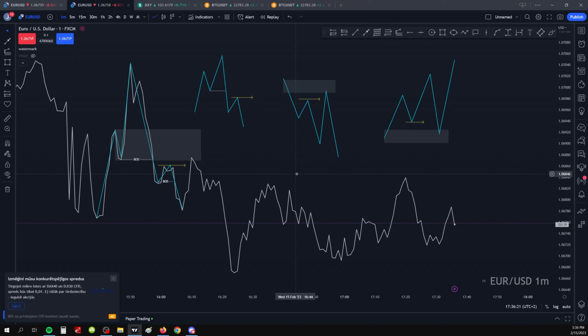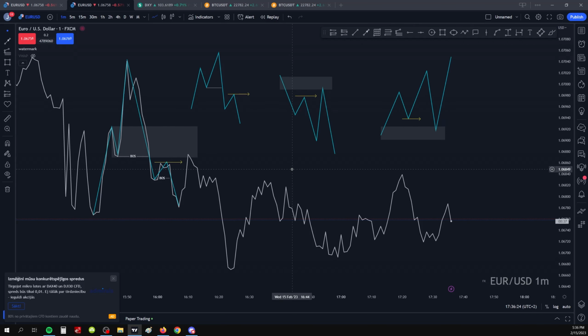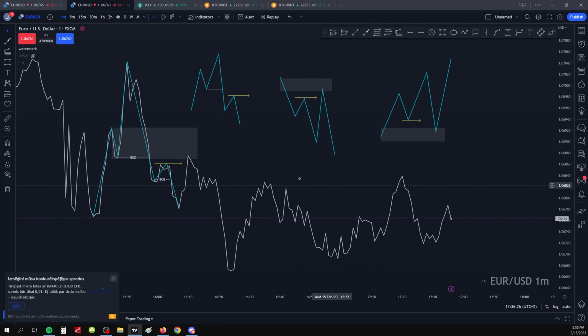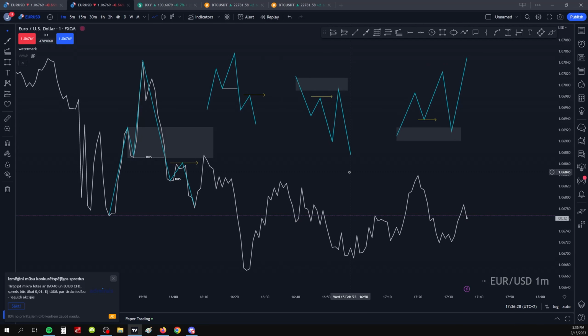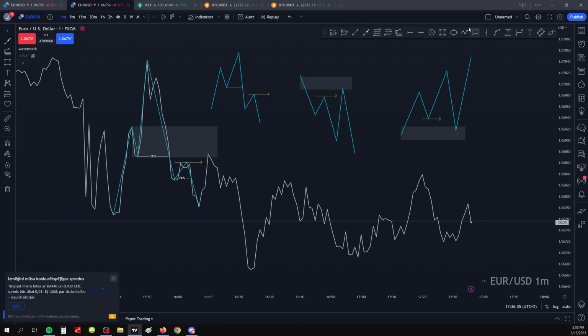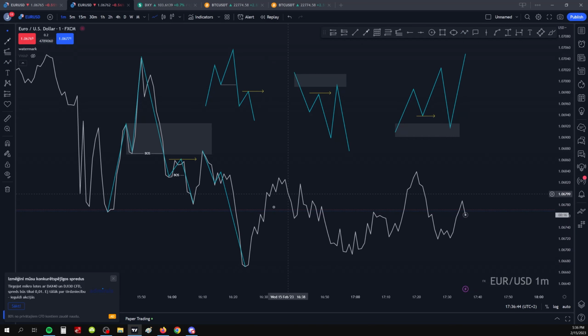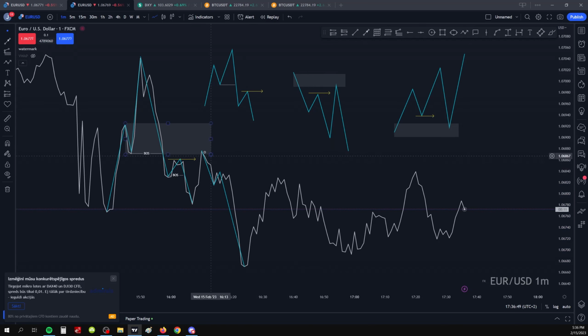So now, what else? That's basically it. But as you can see here, also we have 1, 2, 3. The market always moves in this, well, not always, but 90% of the time, right? 1, 2, 3. So we broke this low.